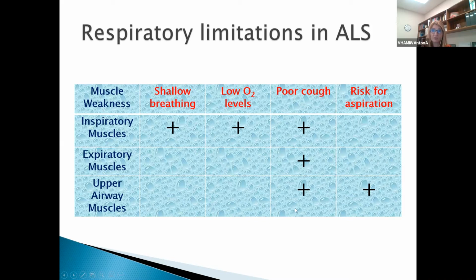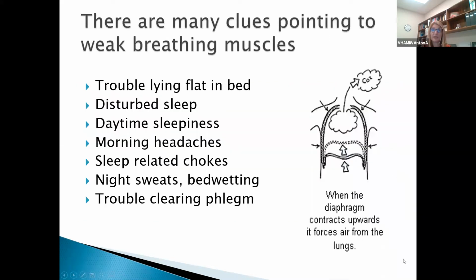And I'm going to show you a little bit later that cough is a rather complex process and involves many muscles. And so the cough gets affected whether the inspiratory or expiratory muscles are involved or the upper airway muscles. And in addition to weak cough, patients with upper airway involvement are also at increased risk for aspiration.